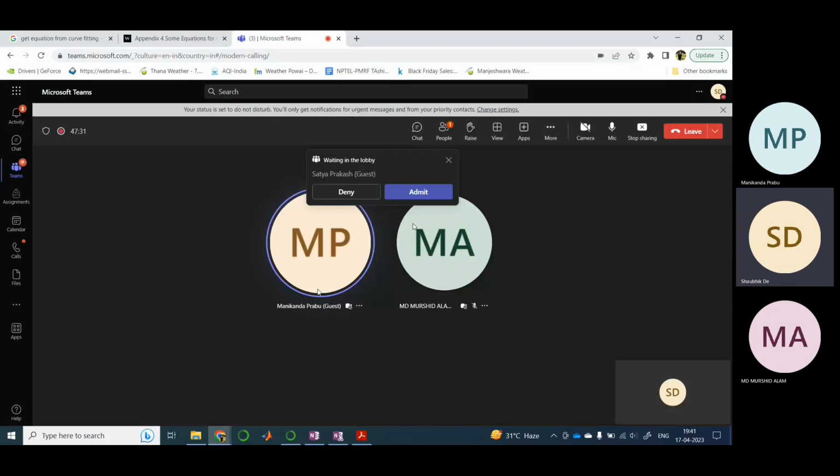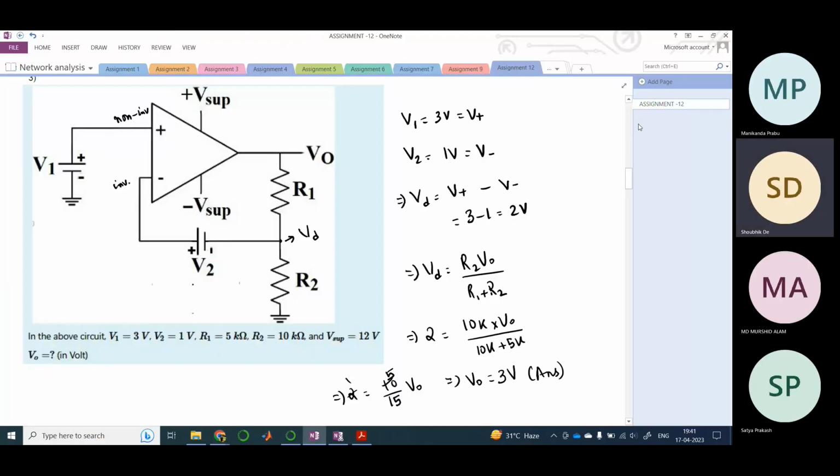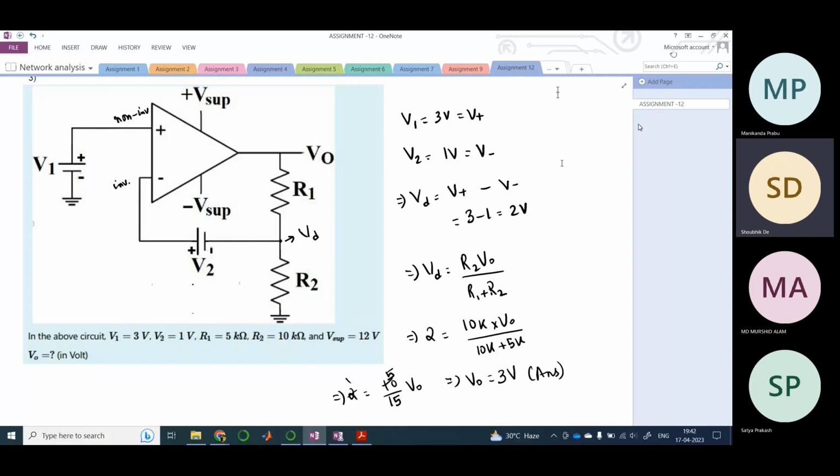I'm not able to get you. Sir, actually, what I asked now, in the inverting terminal, we are subtracting that voltage with respect to the non-inverting terminal, correct? It is non-inverting minus inverting, sir. Is there some reason for doing that? I'm asking.